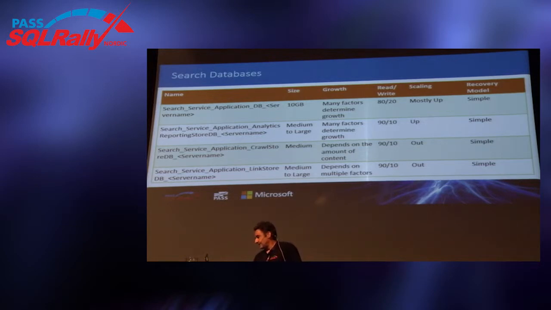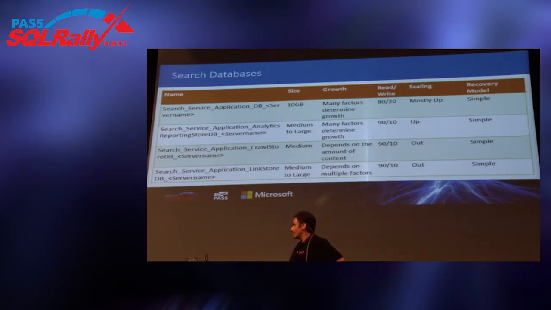The analytics database is quite write intensive during analytics. And usually you want to schedule this update to happen during off hours. And you need to scale out when the database gets bigger than 200 gigs.